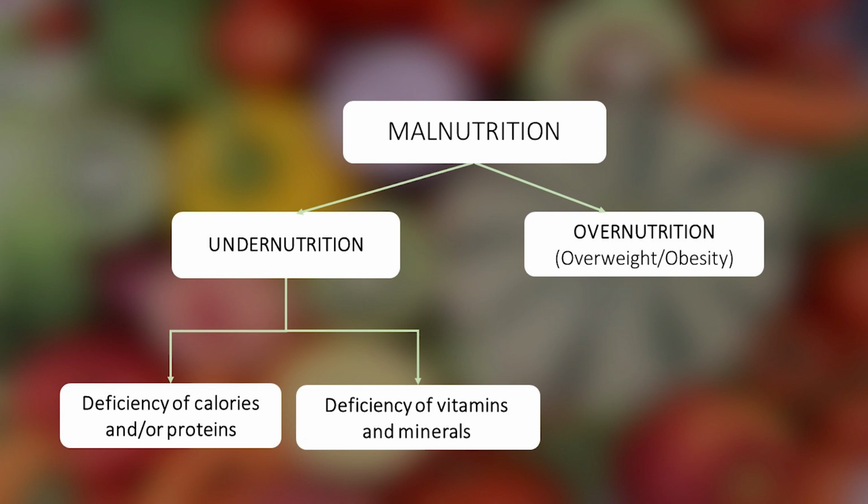Protein energy malnutrition is the lack of macronutrients like carbohydrates, proteins, fats in the diet. And vitamin and mineral lack leads to micronutrient deficiencies, which are a major public health problem in our country. That is one side of the coin. On the other hand, today, we are having the problem of overnutrition.